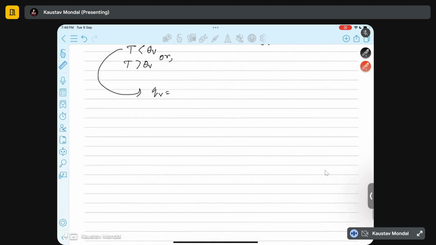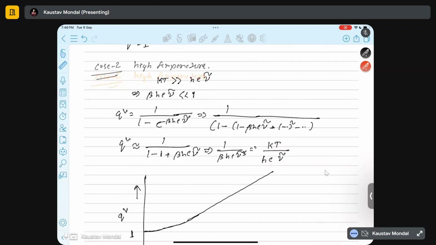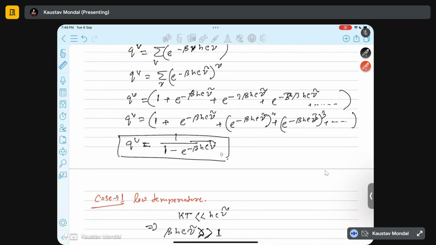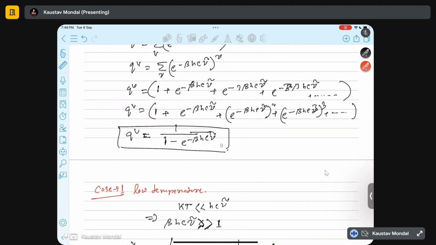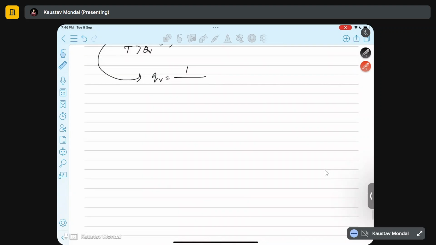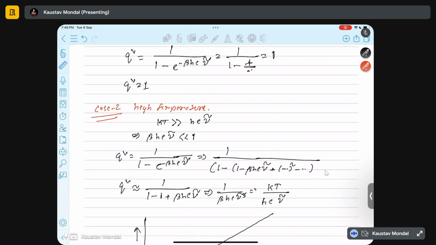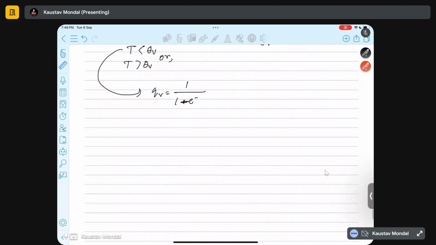QV equal to the whole summation, which in this case becomes 1 by 1 minus e to the power minus beta c nu tilde.